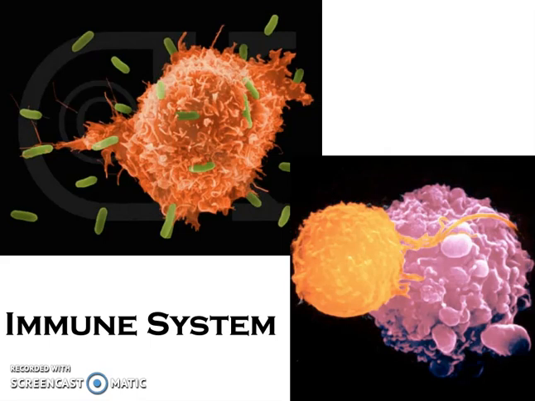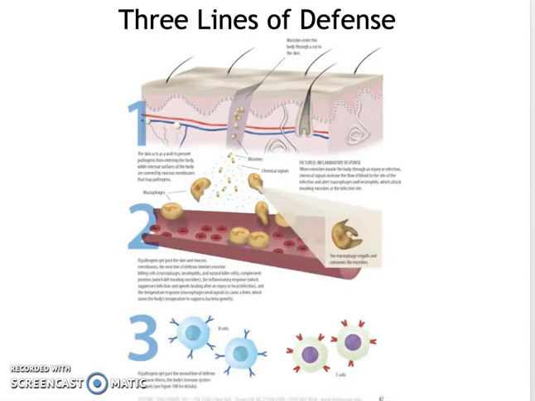In the immune system and host defenses for the human body, there are three recognized layers of defense: primary defense, secondary defense, and tertiary defense. The first line of defense is what's considered to be the physical barriers that prevent entry of microbes.